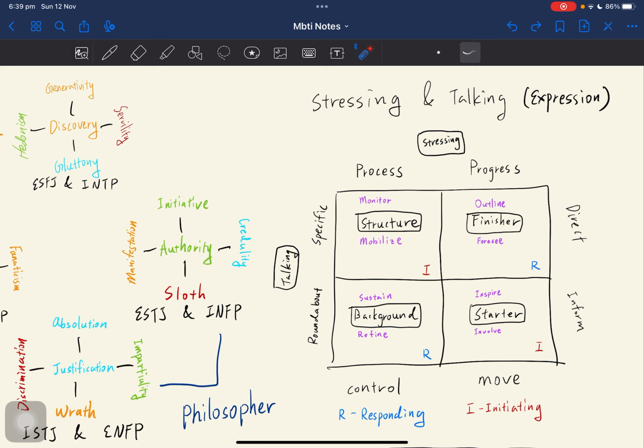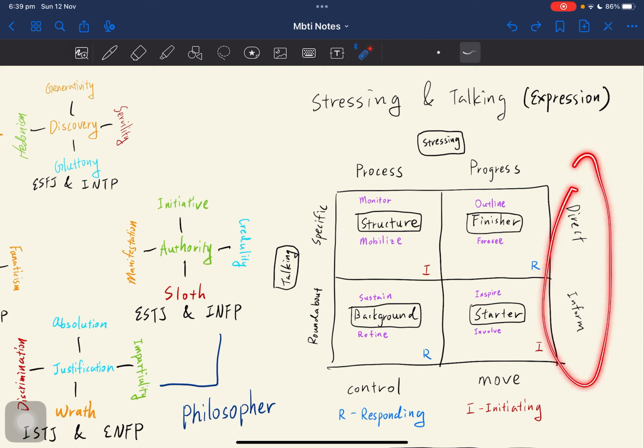So they are seeing the outline, the milestones of reaching the target, and foresee the future outcome. So if they studied properly and nothing got in the way to put them off, then usually they can see it all the way through to the end. So that's progress versus process.